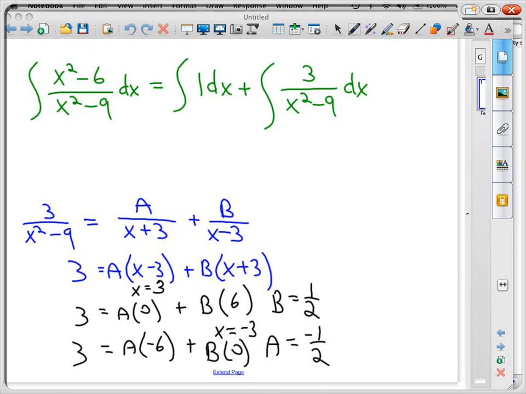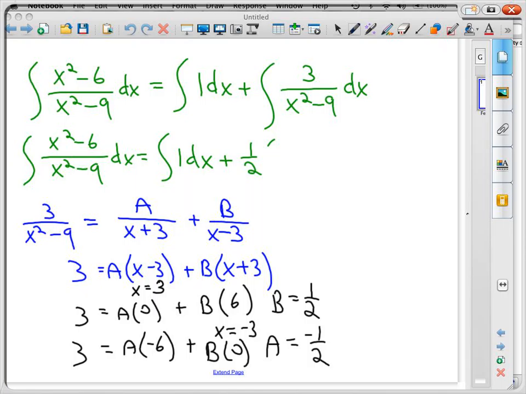So what I've really got here is that the integral that we started with is really equal to the integral of 1 dx plus, I'm going to use the positive one first, 1/2 times the integral of 1 over x minus 3 dx minus 1/2 times the integral of 1 over x plus 3 dx.